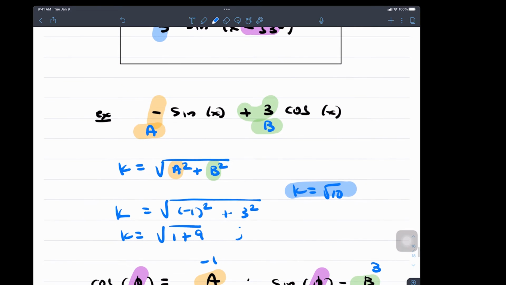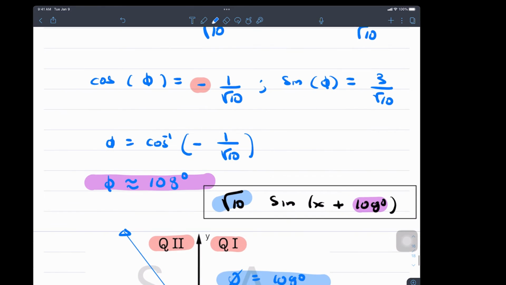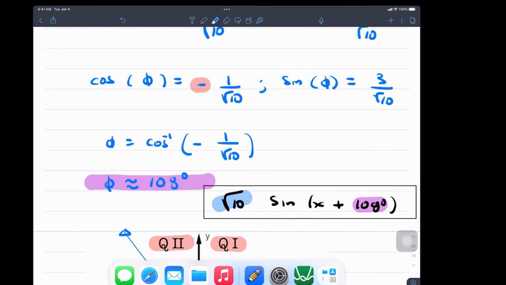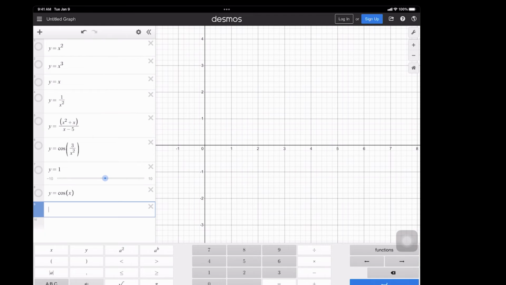Just look at the graphing. Minus 3 sine plus 3 cosine. Let's go to decimals. Or let's do the first one we did.